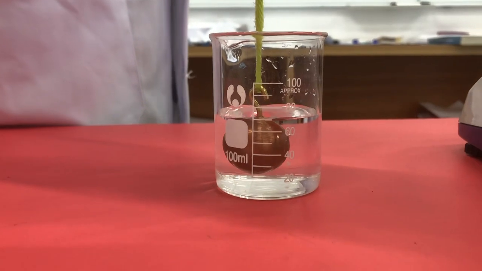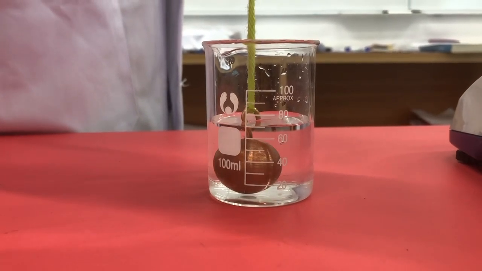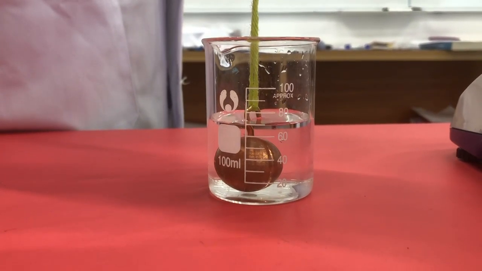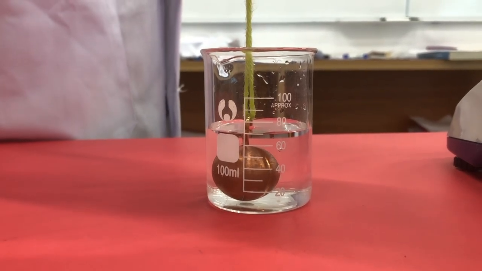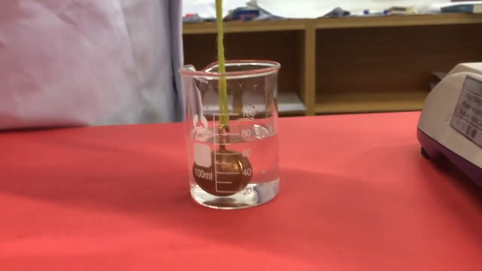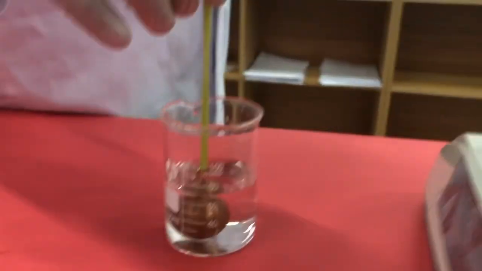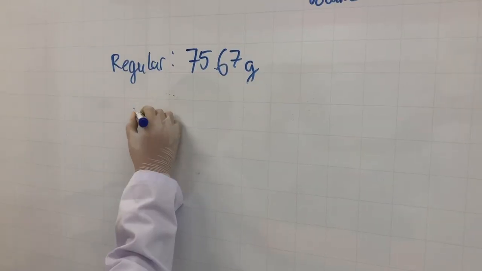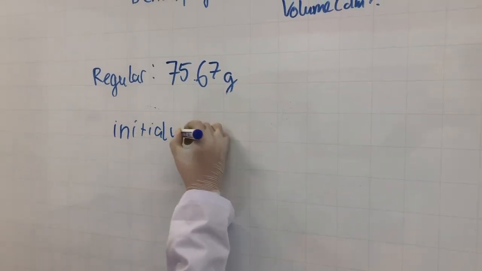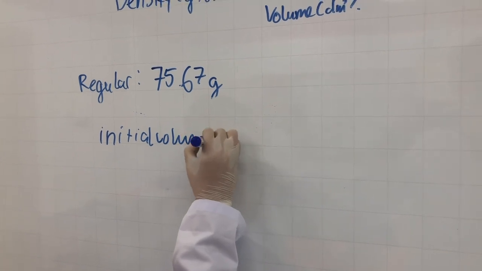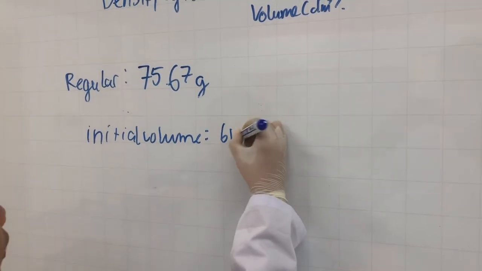So you see the volume change from 60 milliliters to 70 milliliters. So you can record that on the board. So here we have the initial volume, which is 60 milliliters.